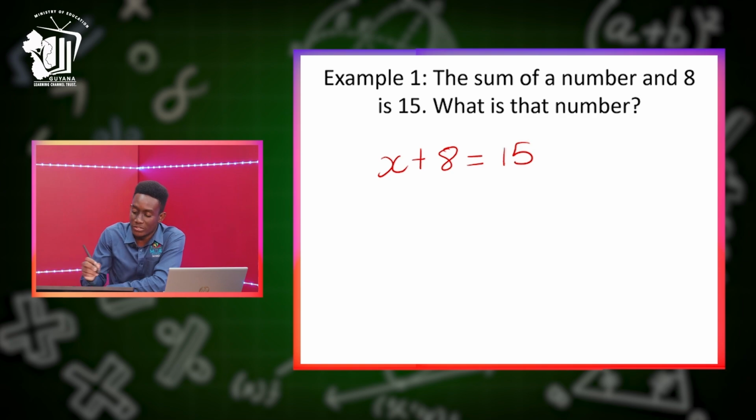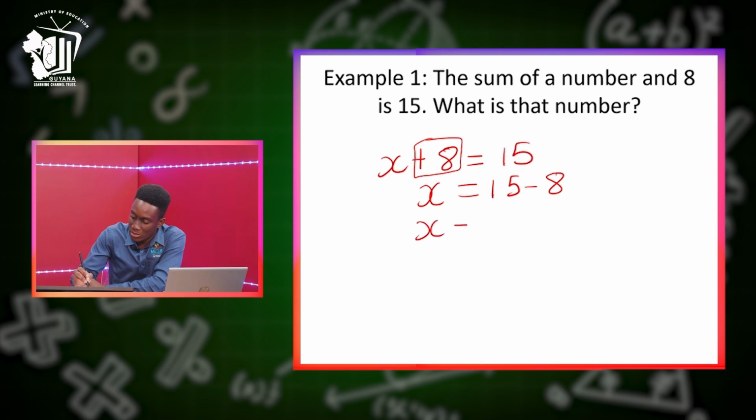We can solve here. To solve for x, x is equal to, so this 8 is adding, so when you take it over, it will subtract. So you'll have 15 subtract 8. Hence x is equal to 15 subtract 8, which gives me 7.